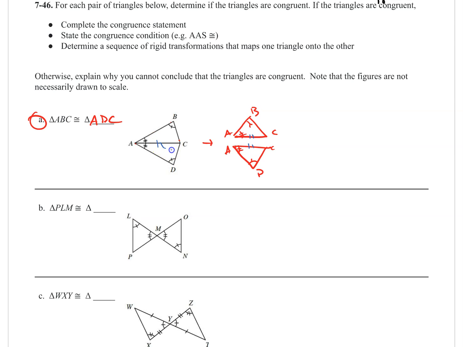That's called the reflexive property. So that means that these two sides are the same. That's going to be an S. These two angles are the same. That's an A. And these two angles correspond to each other, so another pair of angles match. So we have angle, angle, side. The side is not in between the two angles.